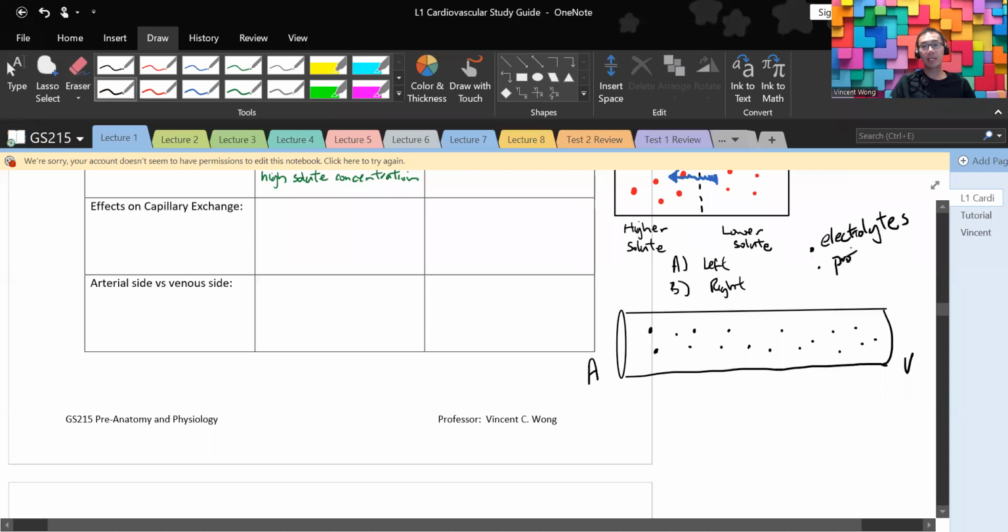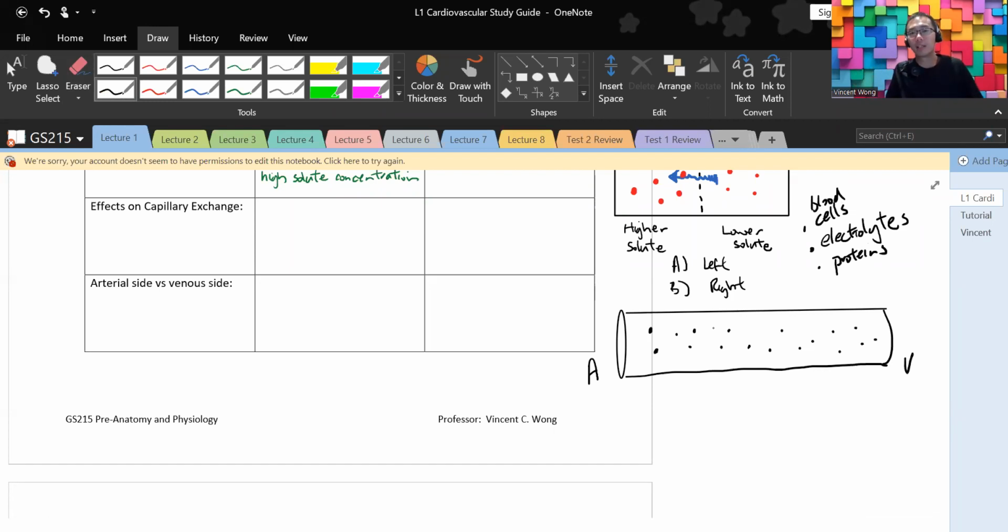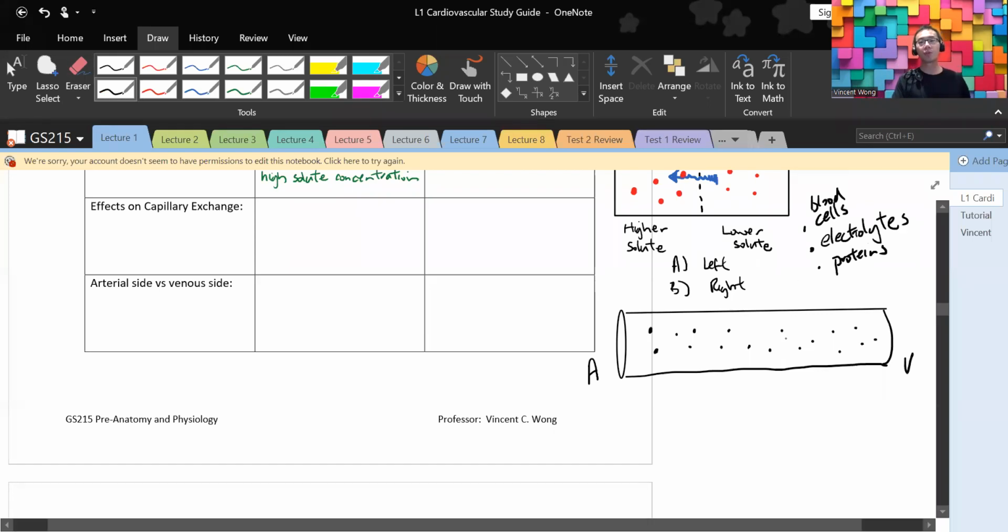They could also be proteins, and even the blood cells would contribute a little bit of the solute. Collectively, all these things are bathing in the water, and they all contribute to the solute concentration. Now, in general, the solute on the inside is going to be higher than outside.